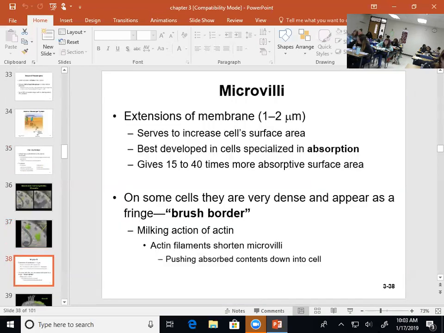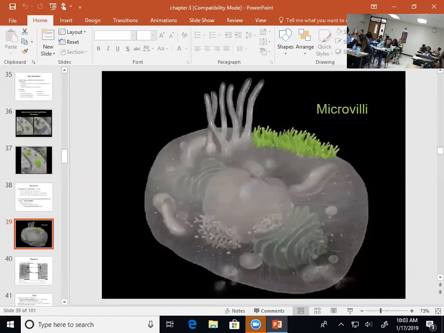Now, microvilli, I want you to see the microvilli. And this picture that they've illustrated is of a cell that doesn't exist. The reason it doesn't exist is because the cells that have these microvilli are not going to have cilia. But they're just showing you a cell with any kind of thing that might be present. So these microvilli, what they are, and are you going to need to know their function?